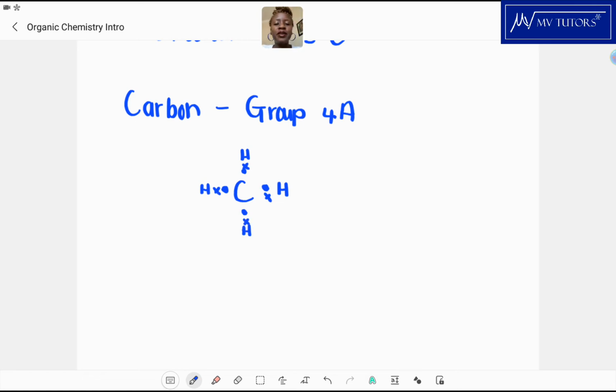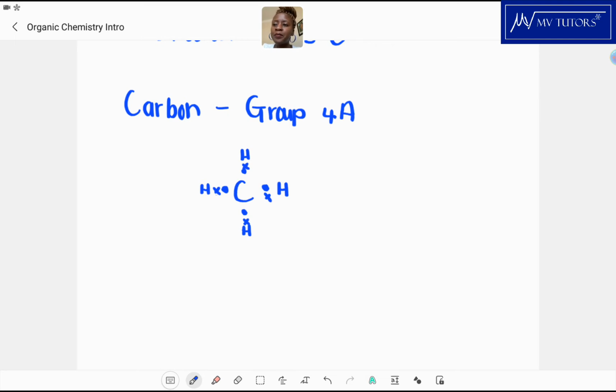And why do we put 4 hydrogens around those 4 valence electrons from carbon? Well, basically we want to fulfill the octet rule. With the exception of hydrogen and helium, each element on the periodic table, well, not all of them, but they want to fulfill the octet rule, meaning you want to have 8 electrons around the element you're looking at.